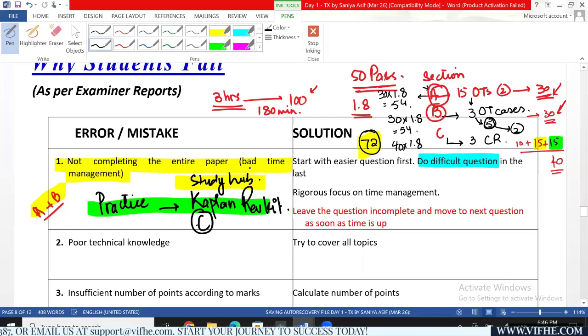And this is how, if you get stuck at each and every point, your time will start getting reduced for those questions in which you have got a good grip. So kindly try doing the easier questions first and then do the difficult questions in the last. This is another technique to deal with the exam management issue. Is this thing clear?